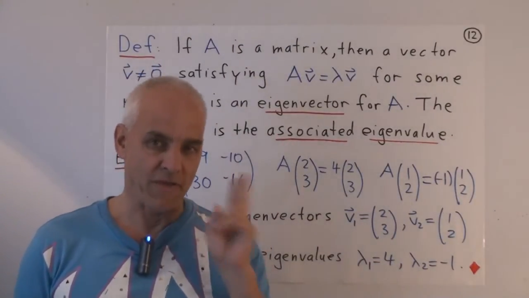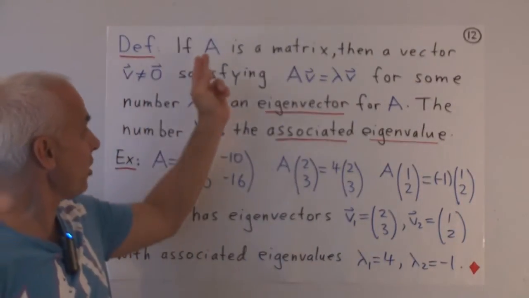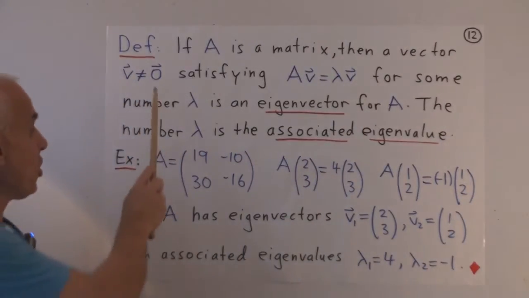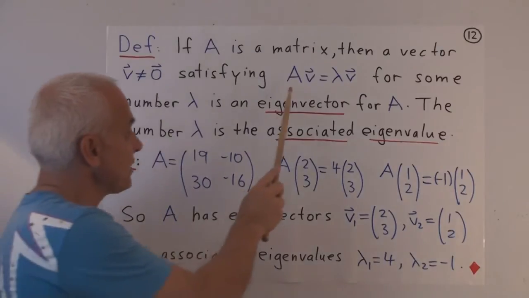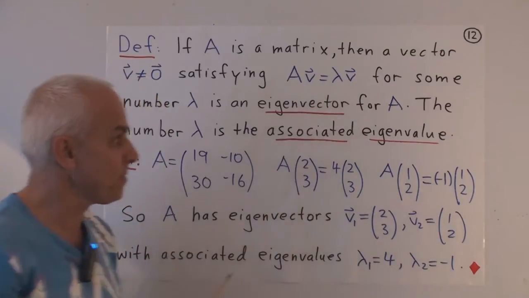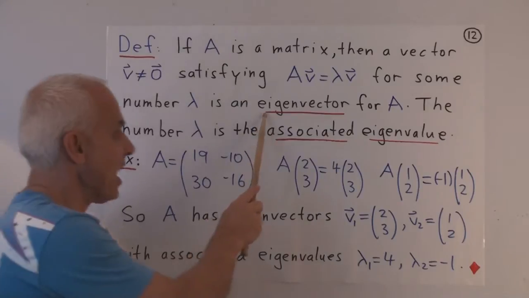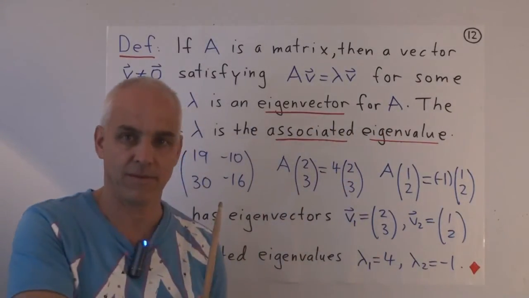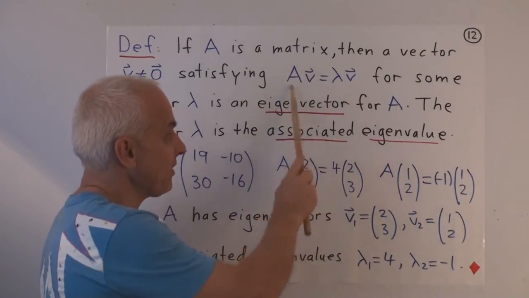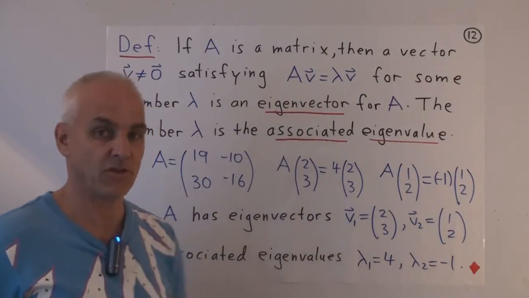So let's make two important definitions that capture that crucial equation. If we start with a matrix A, then we say that a vector V, which is non-zero, satisfying A times V equals lambda times V for some number lambda, that vector V is an eigenvector for the matrix A. So given a matrix A, if we can find a vector V satisfying this for any lambda, then that V is an eigenvector.